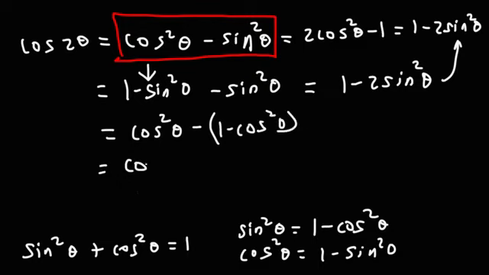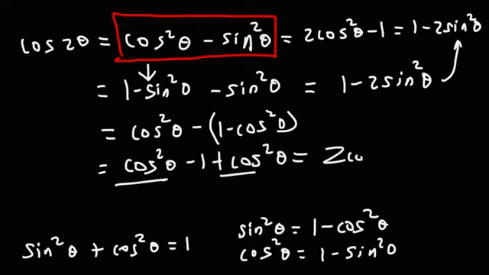Distributing the negative sign, we'll have cosine squared minus 1, negative times negative cosine squared, that's going to be positive cosine squared. And then we can add these two, which will give us 2 cosine squared minus 1, giving us this form. So as long as you know this form of the double angle formula for cosine 2 theta, you can easily derive the other two forms. So you don't have to commit all of them to memory, just one.